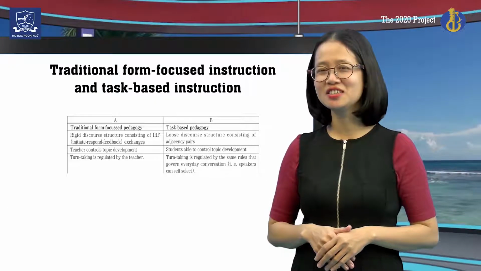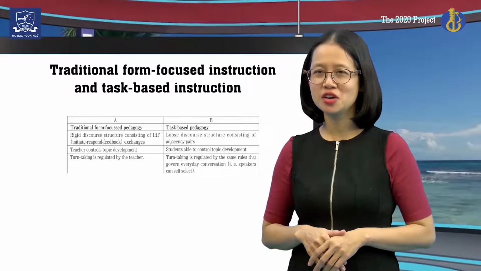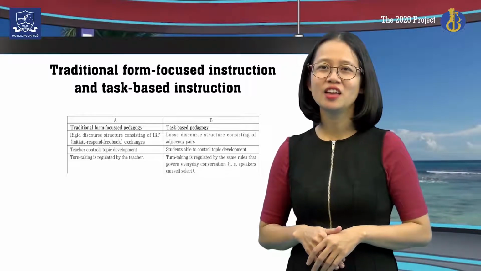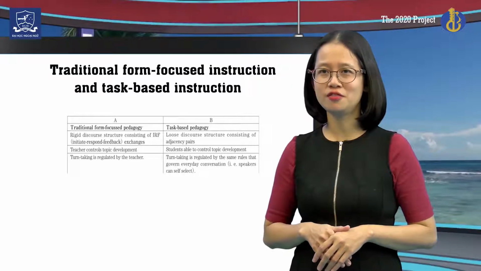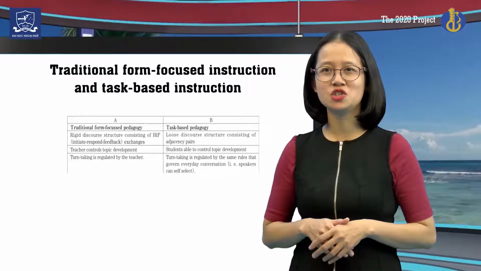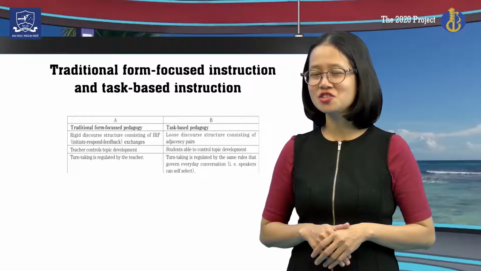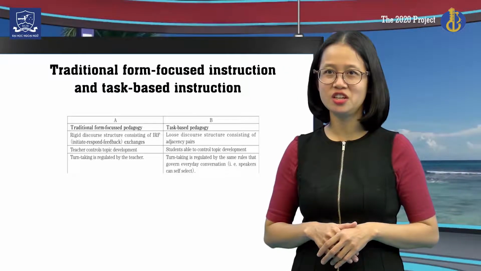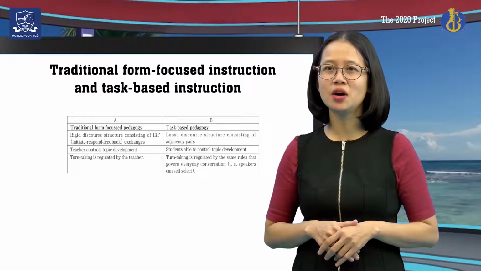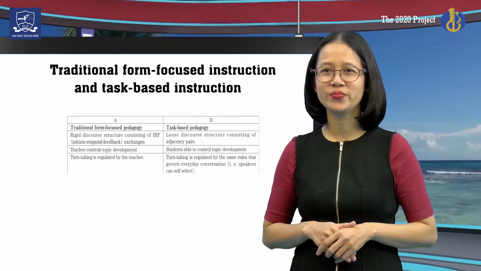In the first place, the traditional form-focused pedagogy has a rigid discourse structure consisting of IRF, or initiate, response, feedback, exchanges. In contrast, task-based pedagogy has a loose discourse structure consisting of adjacency pairs.